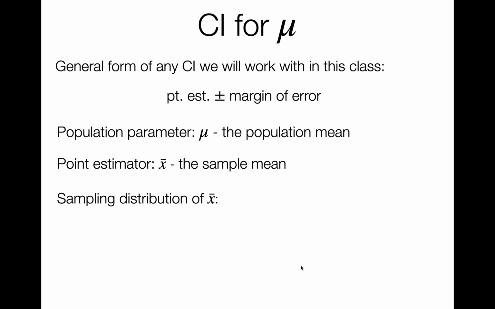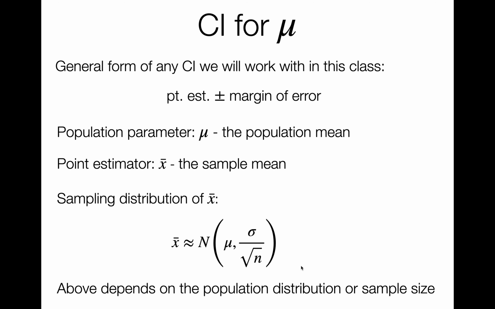We need to understand how it varies, and we do that with the sampling distribution. We found in lesson 6 that the sampling distribution of X bar was normal. So the distribution of X bar is approximately normal with a mean of mu and a standard deviation of sigma, which is the population standard deviation, divided by the square root of n. Hopefully you remember this from lesson 6.